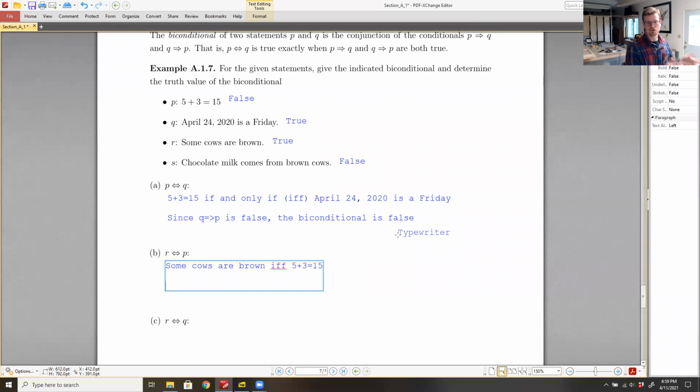So we have true, false. Since that individual implication is false, the biconditional is false. Since R implies P is false, the biconditional is false.